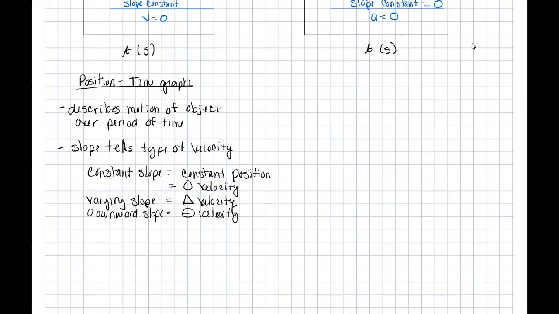And if you have an upward slope, you have a positive velocity.